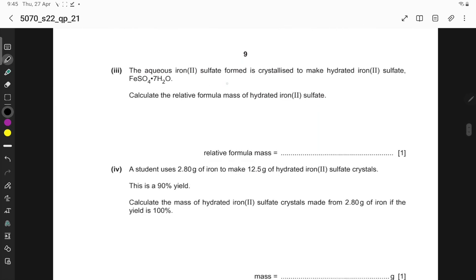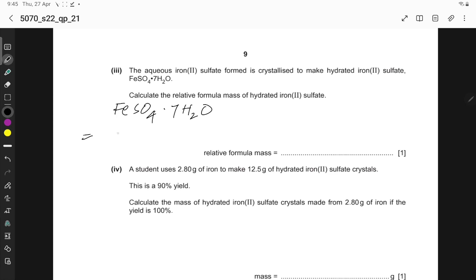The aqueous iron 2 sulfate formed is crystallized to make hydrated iron 2 sulfate. Calculate the relative formula mass of hydrated iron 2 sulfate. Relative formula mass FeSO4 dot 7H2O.